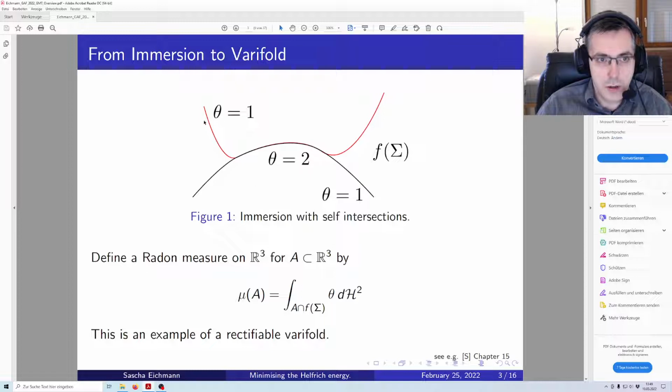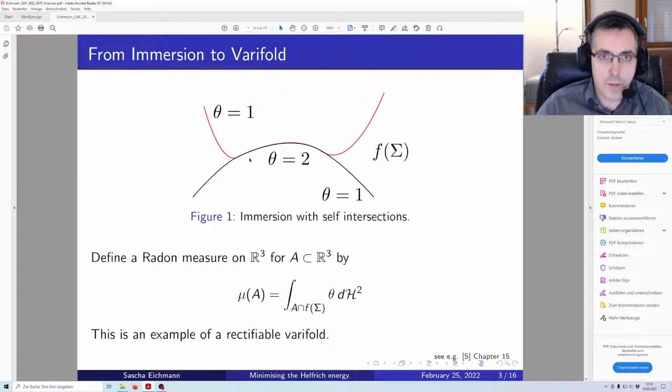The red line is one part of the immersion and the black line is another part of the immersion, and they're intersecting here in this middle part. What we do is define so-called densities. On this red line where there are no intersections, we say the density should be 1. And if we have an intersection, the density should be the number of these intersections, so in our case, 2.